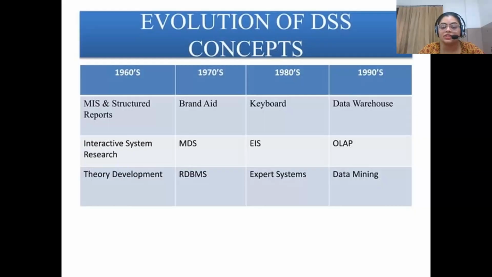DSS interfaces include simple windows, complex menu-driven interfaces and command line interfaces. So basically we can say that a DSS is comprised of three things: first, the knowledge base; second, the software system; and third, the interfaces. Without these things a DSS cannot work.